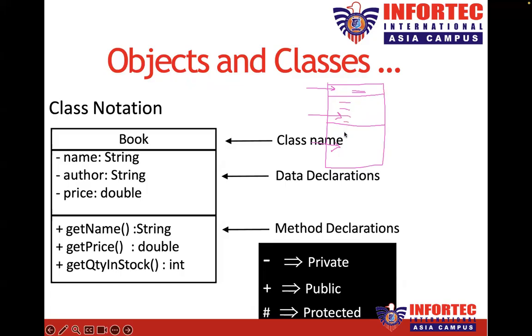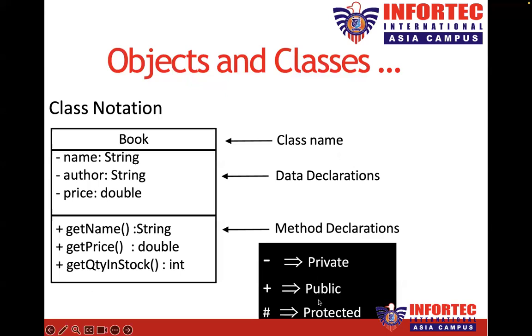And then I told you if it is an object, it should have a behavior or action. And we dedicate third section to write the action or the activity it performs. So this is how we demonstrate these classes using an object.